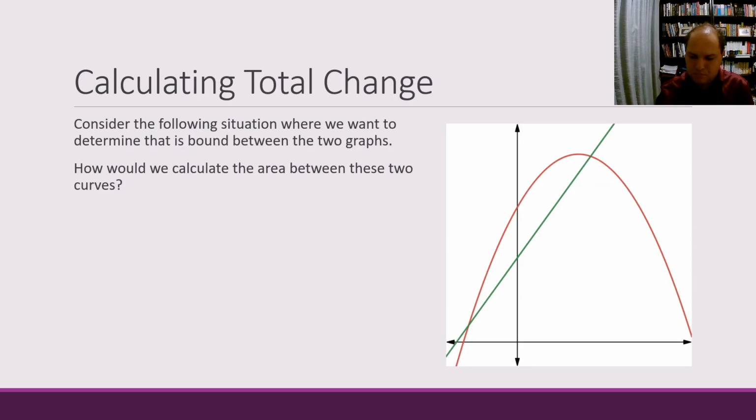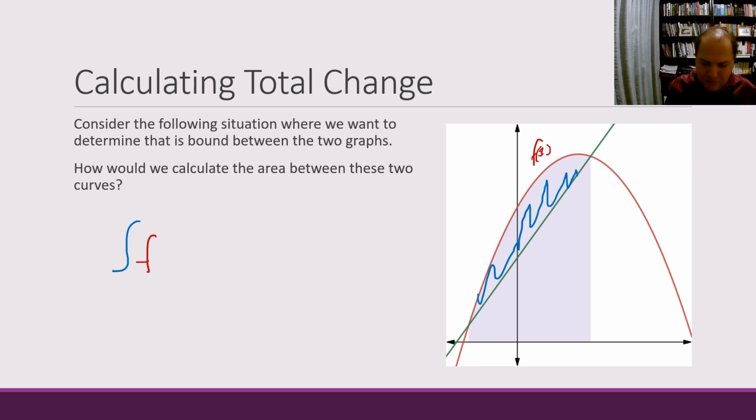You also need to remember your integration rules, depending on what functions you have and how to calculate those areas. So what we want to do is consider how we can find the area between these two graphs, between red and green. If you stop and think about it, it doesn't end up being too difficult, because we can find the area underneath the red curve. Let's call the red curve f of x.